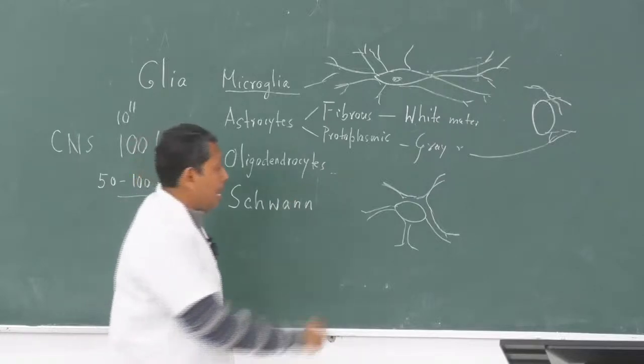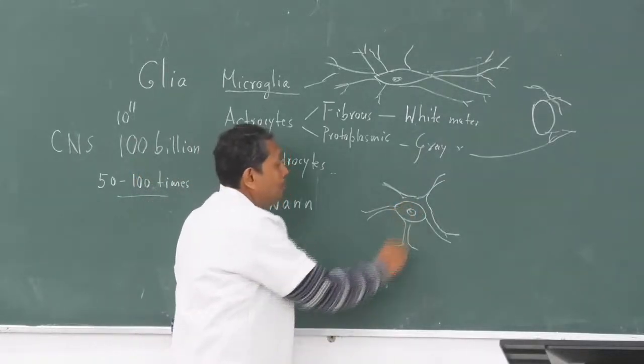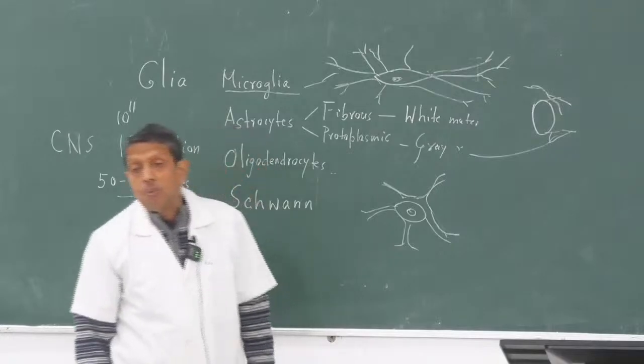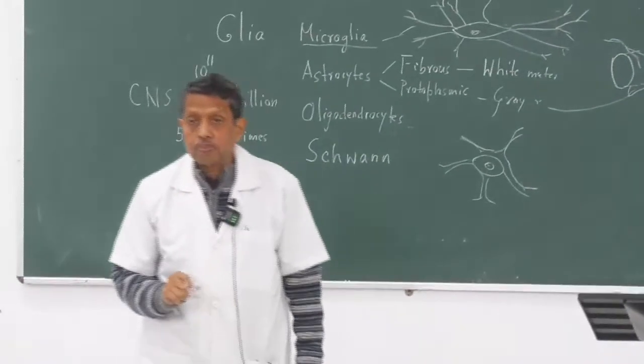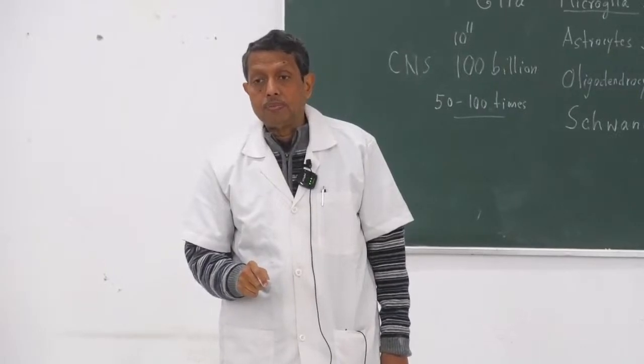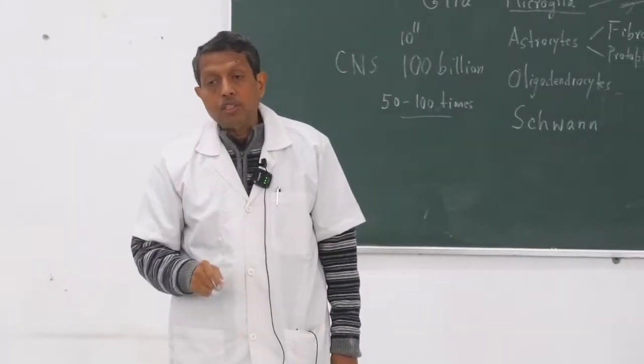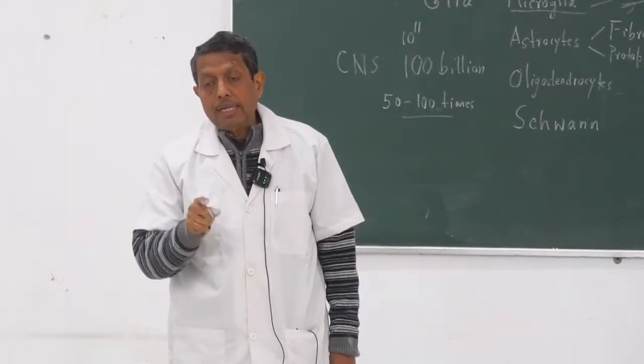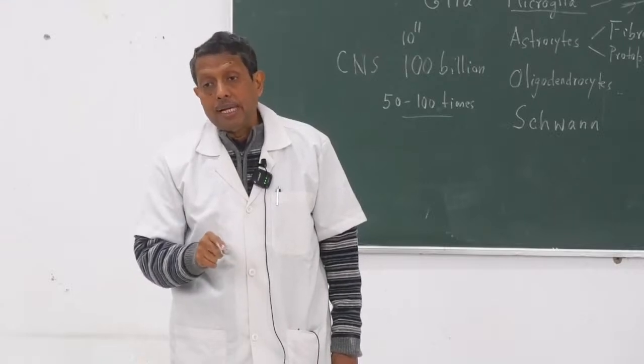In the central nervous system, there are no Schwann cells; instead, there are oligodendrocytes.